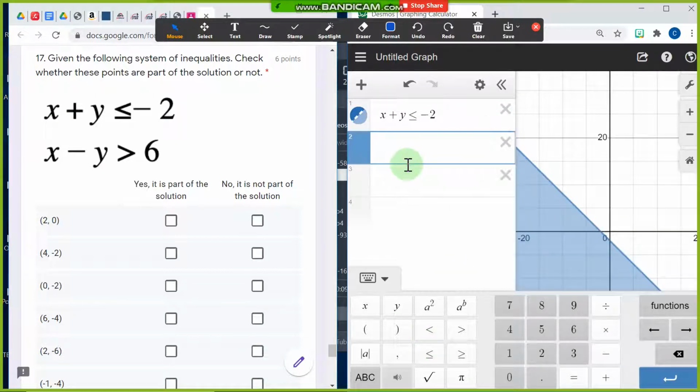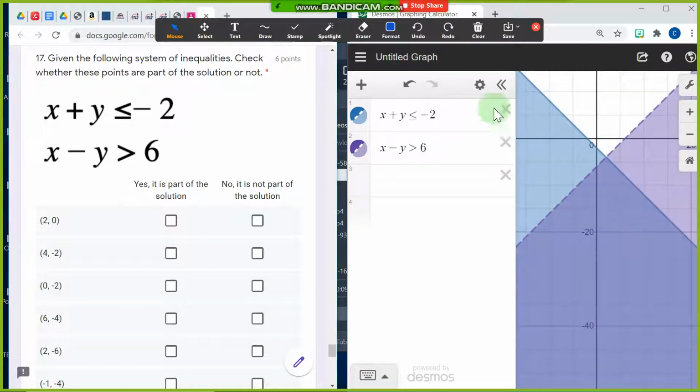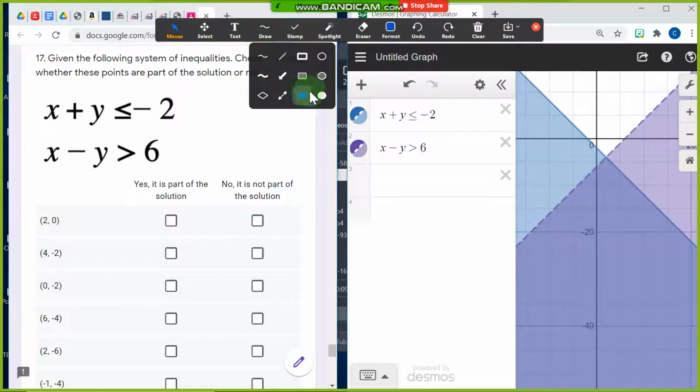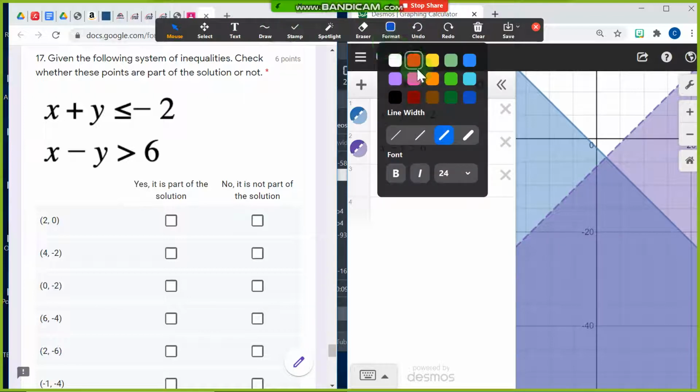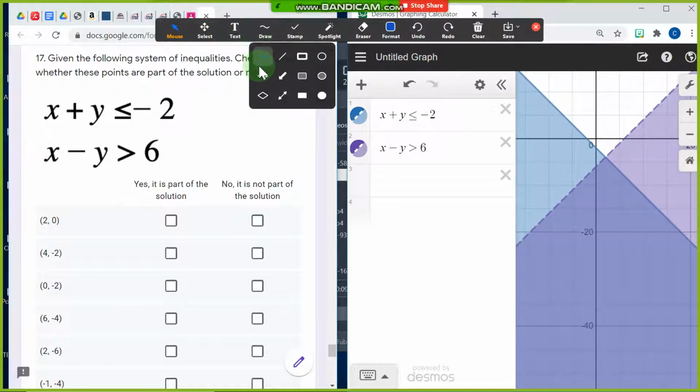And then I have x minus y is greater than 6. So you can see here is the shared shading. The shared shading is where all the solutions are. So right here.